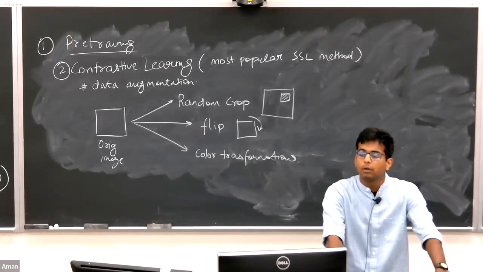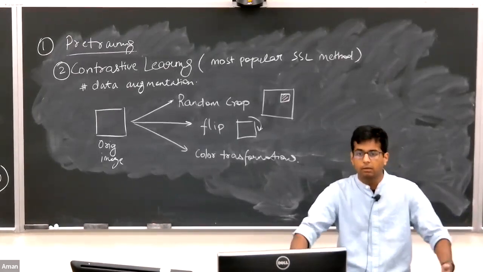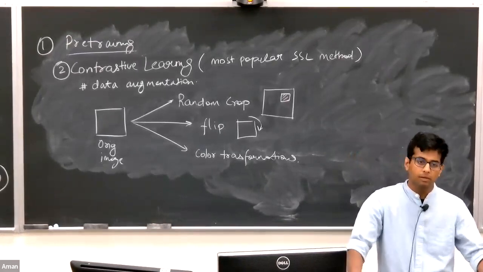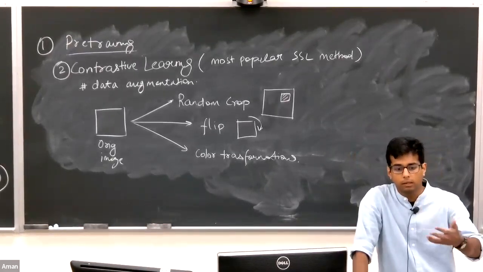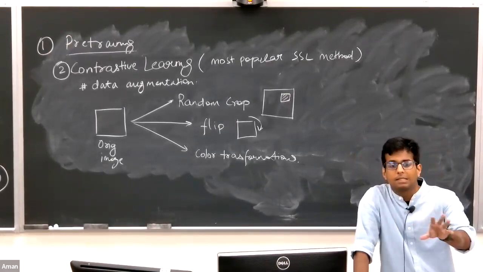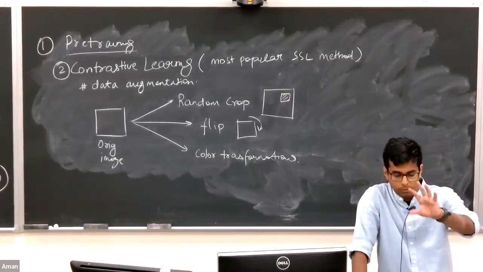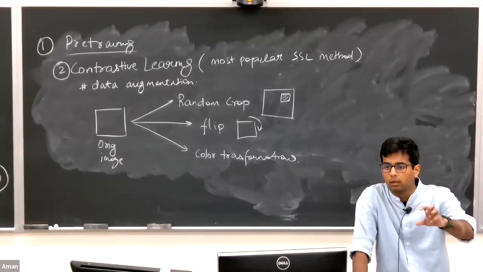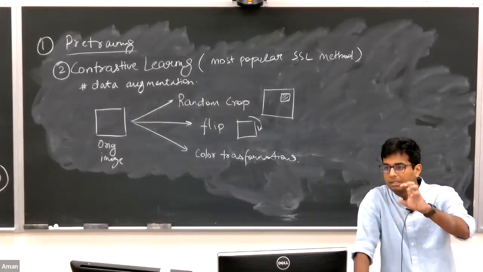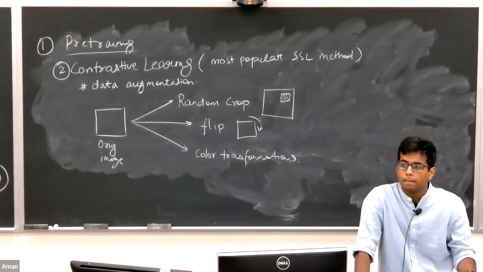For example, you have a bunch of images, right? But we don't have any labels. We don't know which image is what. You can't have someone look at the images and say that these two images at least belong to the same category. You can't even do that. So what do we know still about this data set?